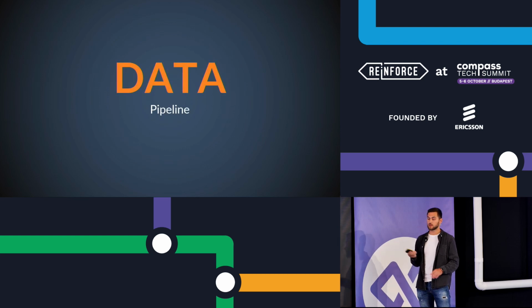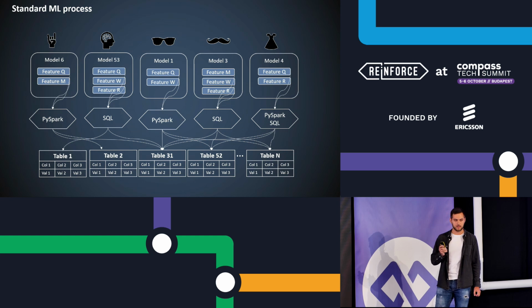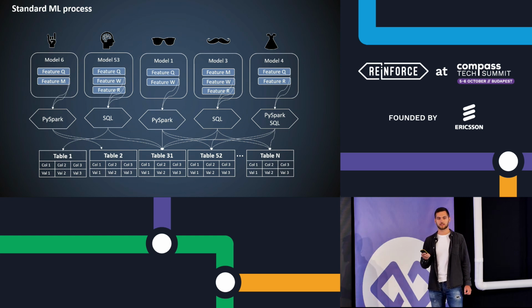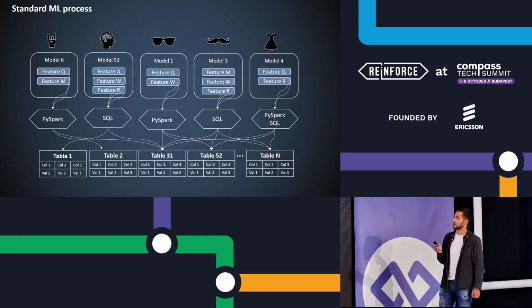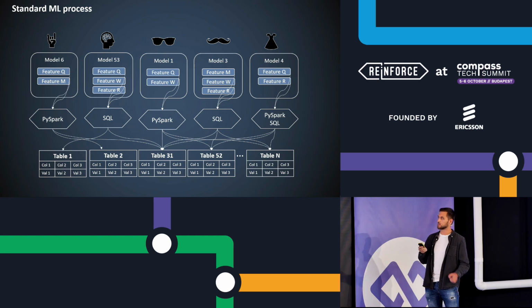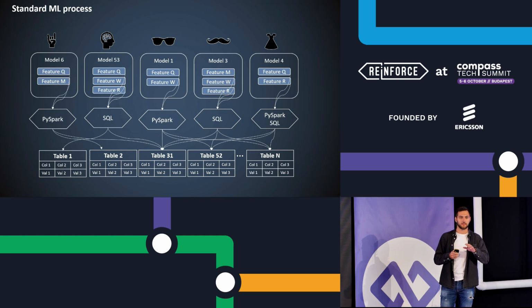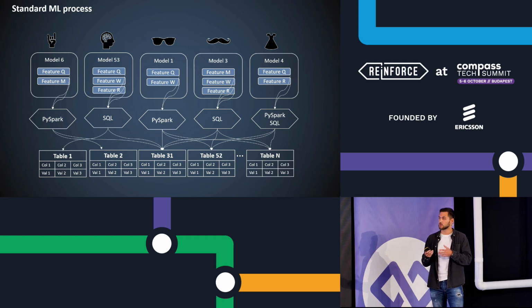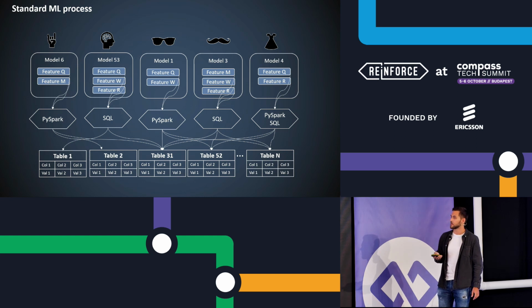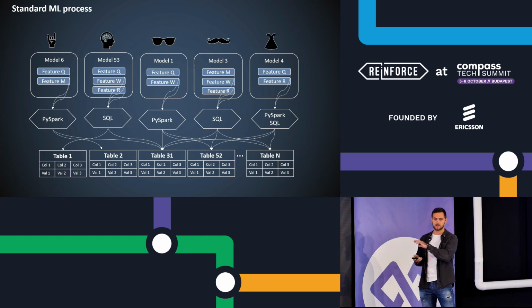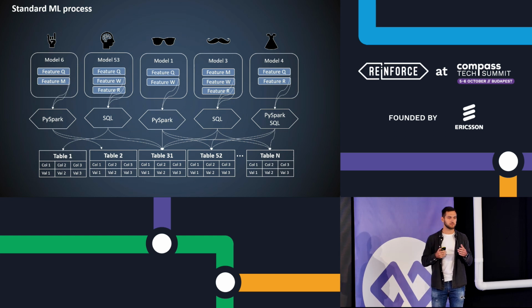What can we think about? We can think first about the data pipeline, because it matters. Picture this: we have 5 data scientists in a team, and they are building their models. They are using PySpark, SQL, Snowflake, the instruments that they got used to through their experience. They go to different tables and try to get some data.